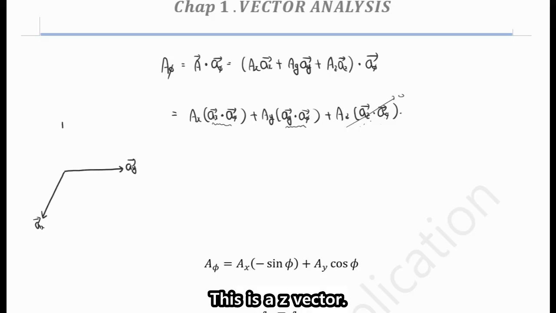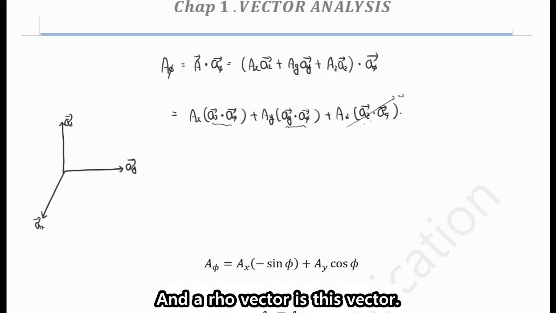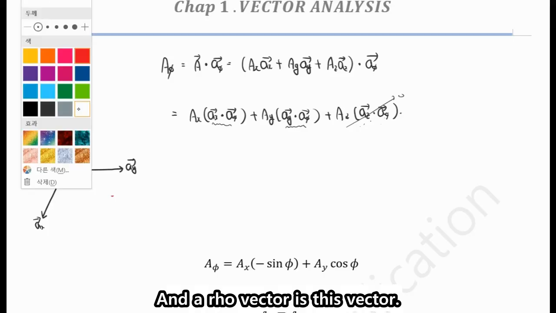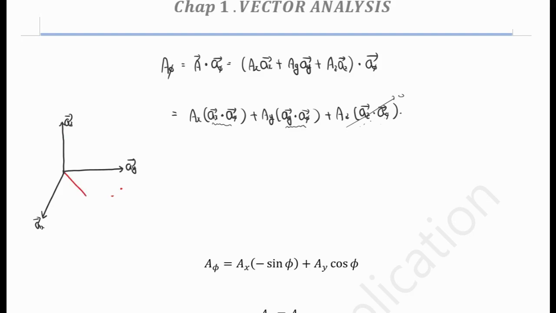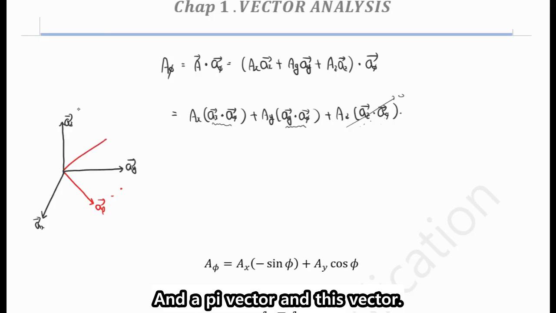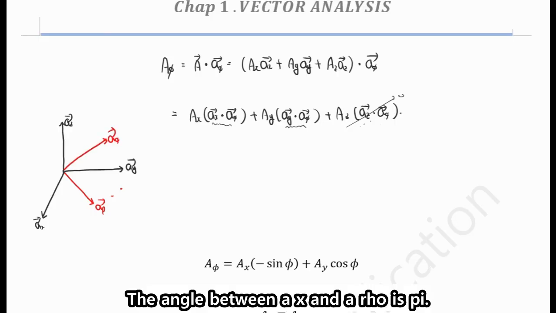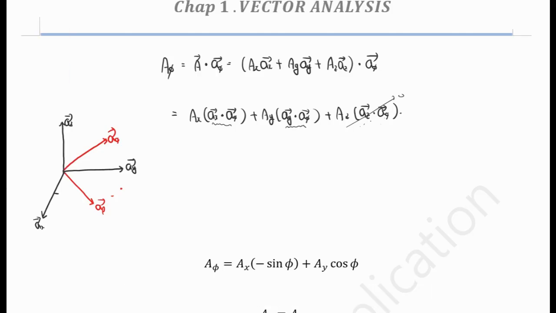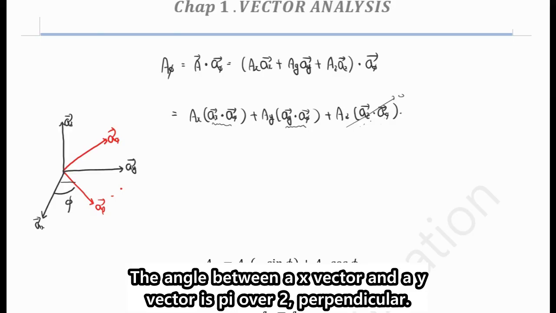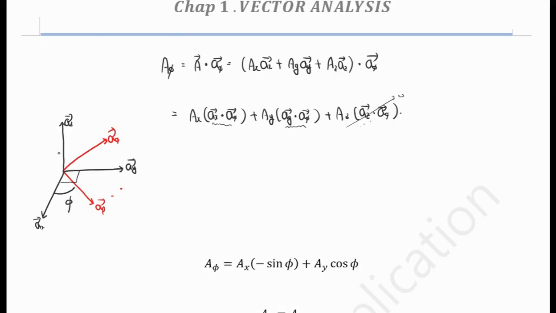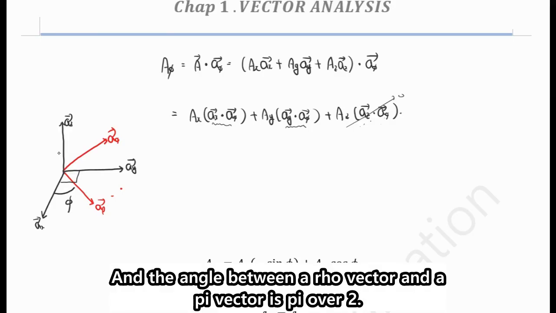This is the a_z vector. The a_rho vector is this vector, and the a_phi vector is this vector. The angle between a_x and a_rho is phi. The angle between the a_x vector and a_y vector is pi over 2, perpendicular. And the angle between the a_rho vector and a_phi vector is pi over 2.